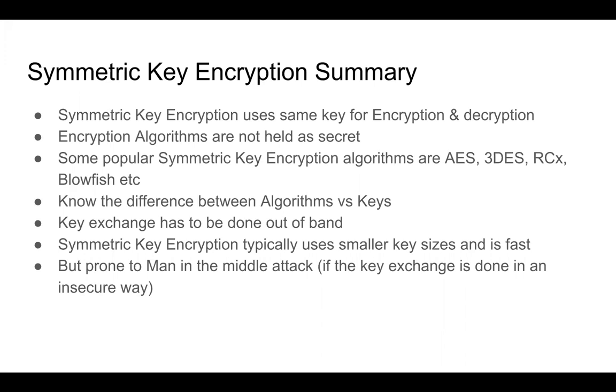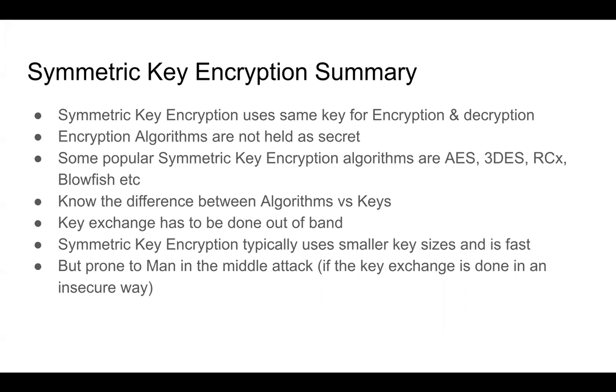Symmetric key encryption algorithms and keys are two totally different entities. Algorithms are all publicly available. It's not kept secret. The idea is to have the encryption algorithm reviewed by everybody, and if there are any issues, they can be fixed. That's the goal. But the key is something you want to keep secret.